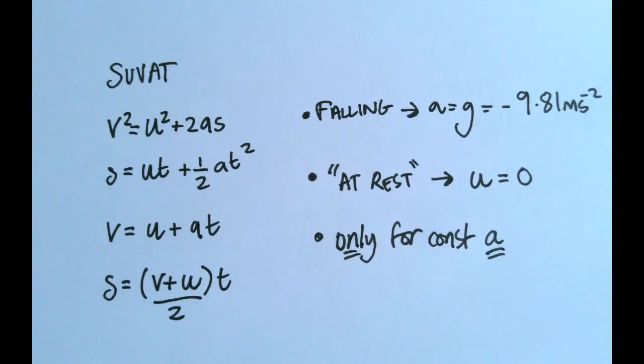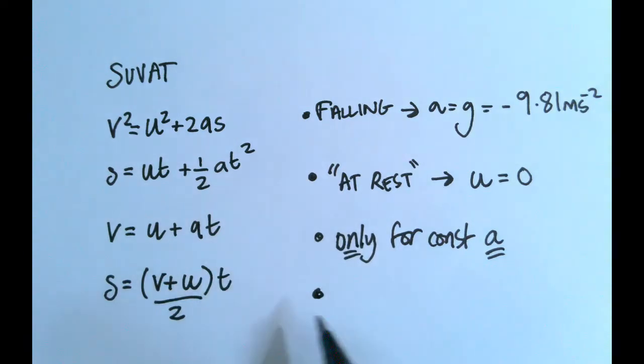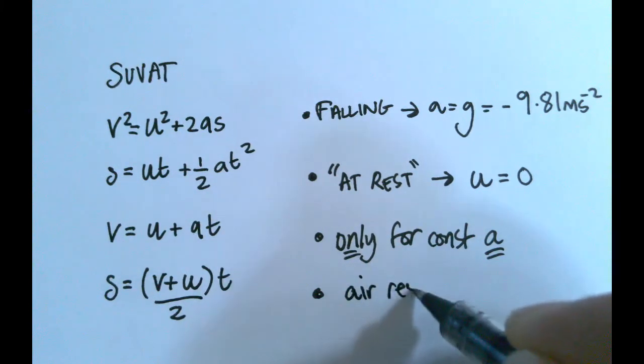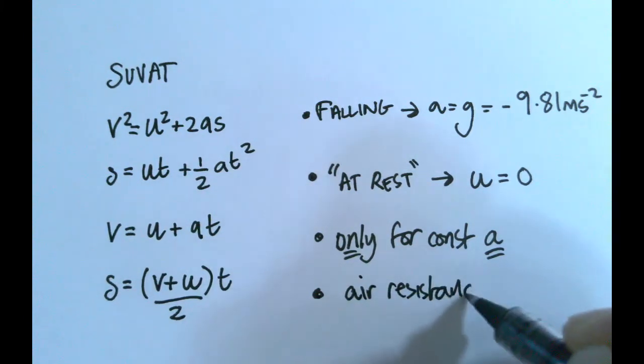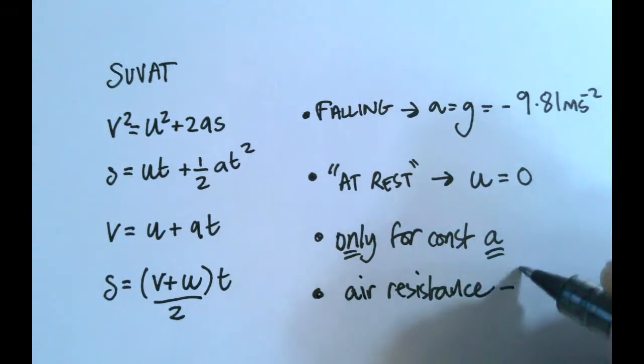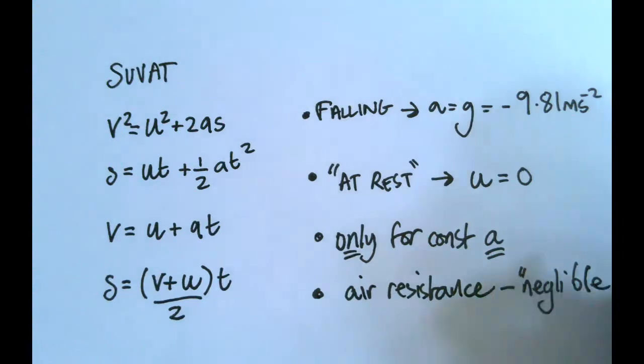And then the final thing is that we do make an assumption when we're using these, and the assumption that we use, which is basically why the acceleration is constant, is that air resistance is either non-existent, or probably a better thing to say is negligible. Negligible, that will do.